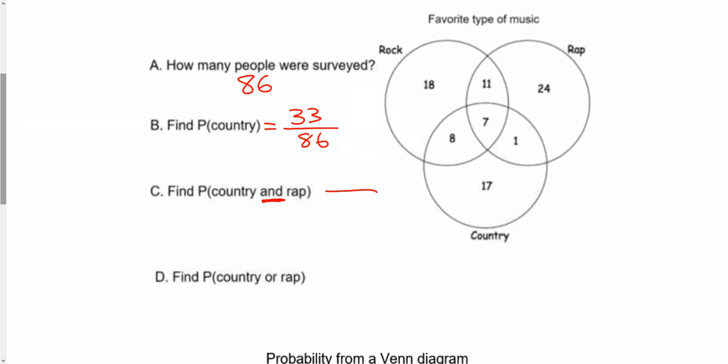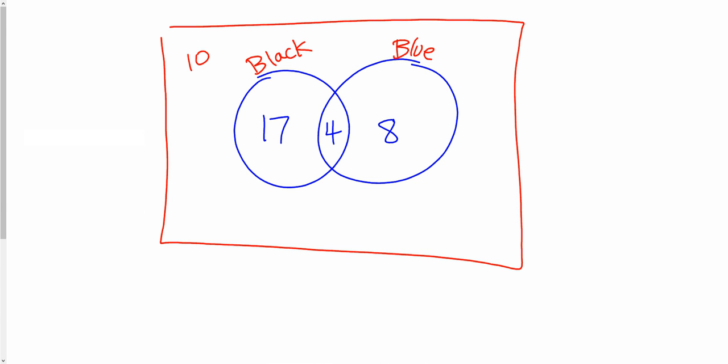What does and mean in probability? There are 2 different types of probability, right? Or and and. Or is add, and is multiply, but I actually don't want to multiply here. In a Venn diagram, and means something. Okay, watch this. I'm going to go back to the clothes example. How many people are wearing black and blue?